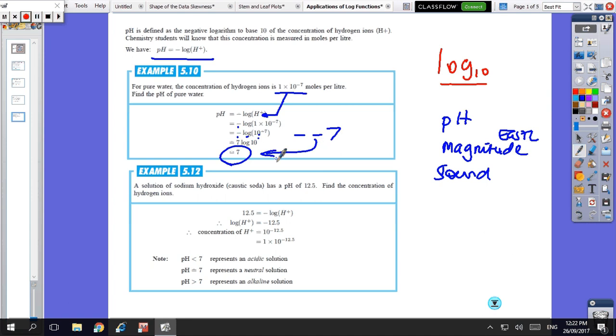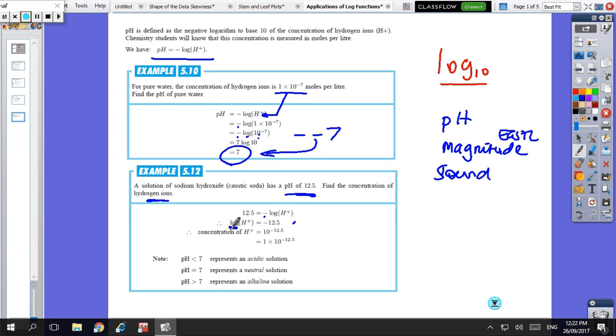Okay. In the next one, we've got the pH level, and we need to find the concentration, so we're going to use the formula backwards. So we've got 12.5 equals minus, so we get rid of the minus sign first by putting the minus across.